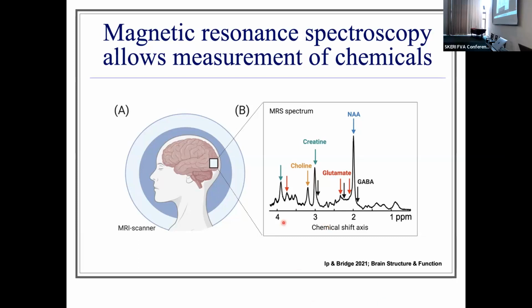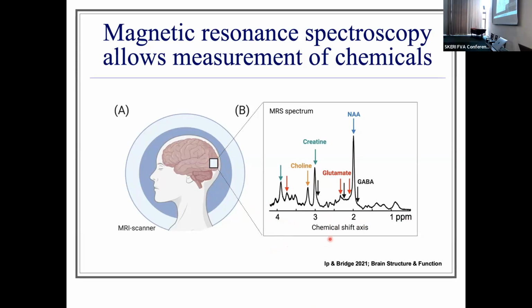In this diagram, we've got a square of brain tissue, and we're essentially summing everything within that area of the brain. We identify metabolites using knowledge of their chemical properties, which determine the position along this chemical shift axis.